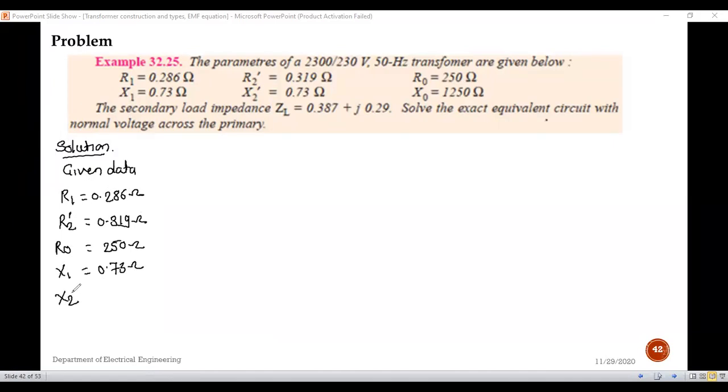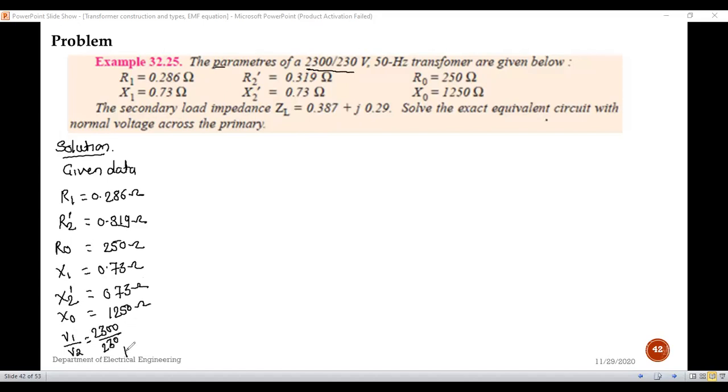The value of X2 dash is given, equal to 0.73, and the value of X0 is given, 1250 ohm. See, again the transformer ratio is given. V1 divided by V2 is given. It is nothing but 2300 divided by 230.